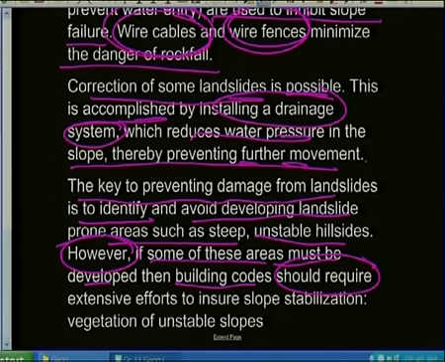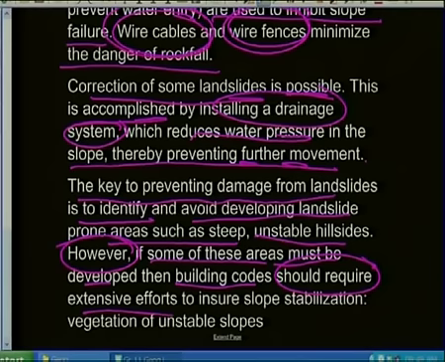In South Africa, we have stringent building codes that prevent construction, especially residential areas, on these kinds of slopes. Remember, extensive efforts to ensure slope stabilization and vegetation of unstable slopes. So what we do in South Africa is provide codes for the construction on slopes.